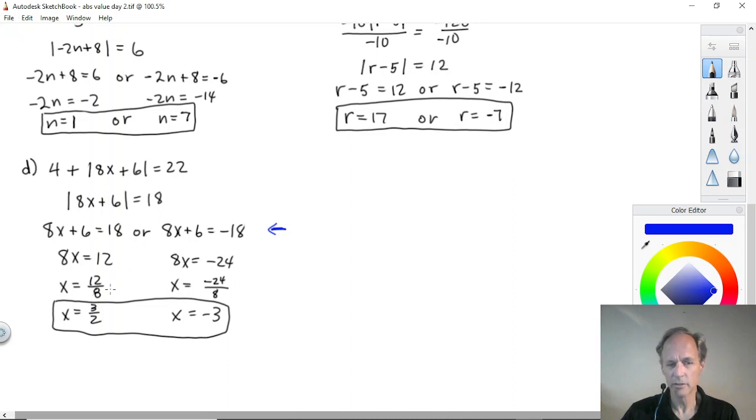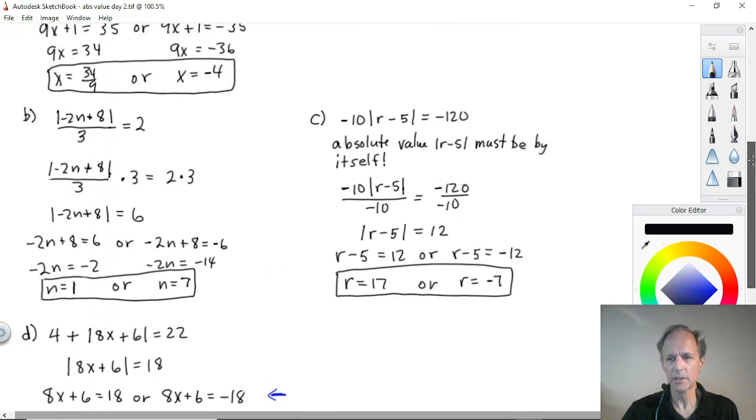And one of those just turns out to be 12/8, reduce to lowest terms, and we get x equals 3 halves, or x equals negative 3. So it's just one more step, and it's pretty straightforward.